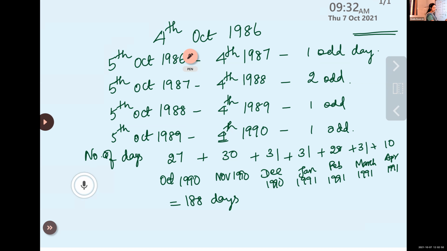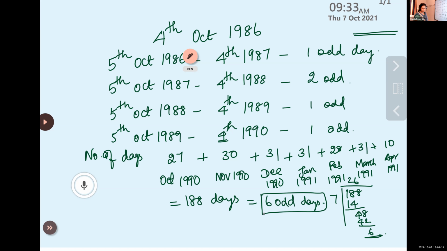188 days, when you divide this by 7, 7 twos are 14, 7 sixes are 42, so the balance is 6. So we will get 6 odd days left out here. Now count how many odd days there are.